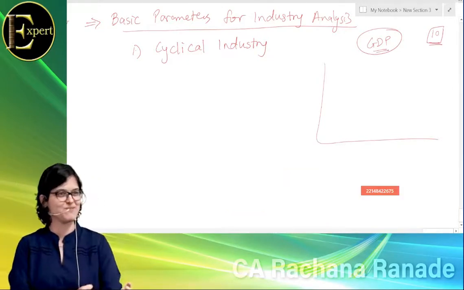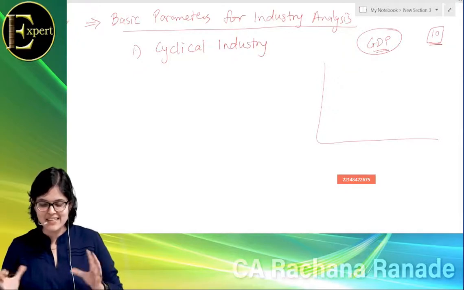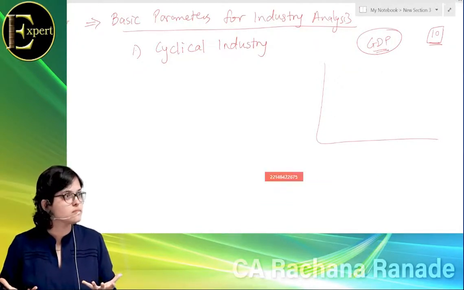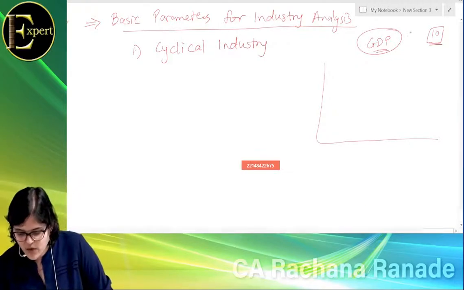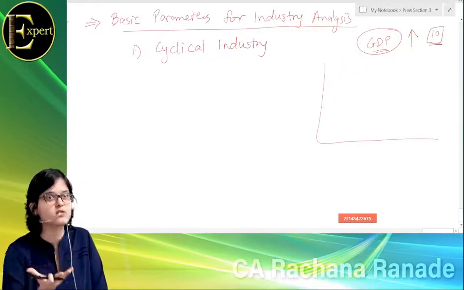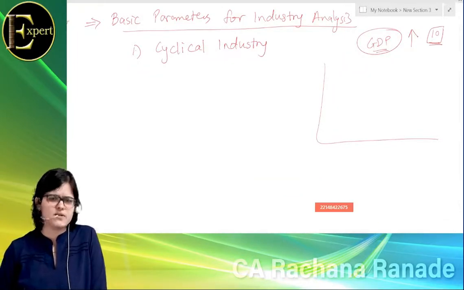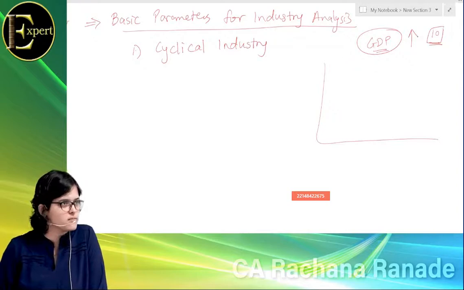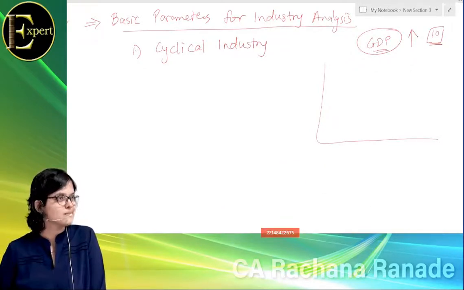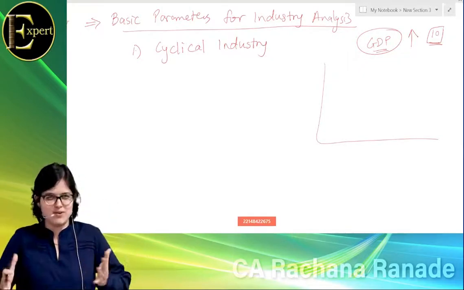In simple words, it's a parameter of measuring growth. If the GDP of a country is high, on an uptrend, it means that country as a whole is growing. Higher the GDP, better it is for the country. Now we are not talking about what is better for a company. We are talking about country-level, big-picture things.